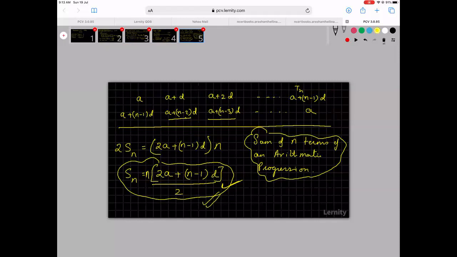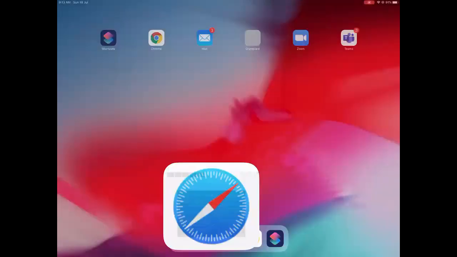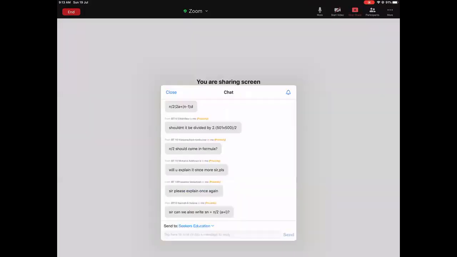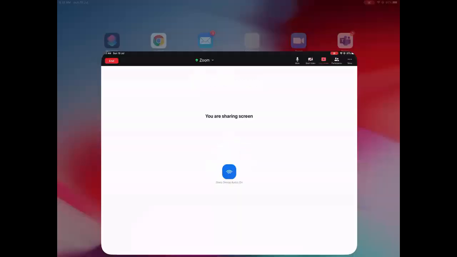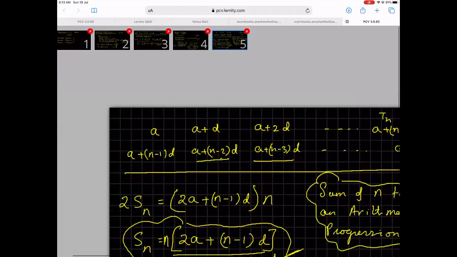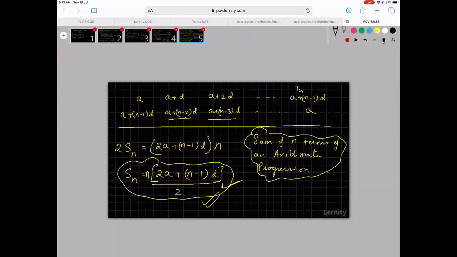So we are basically interested in two things. We want to know the nth term, and I am interested to find out the sum of n terms of an AP.